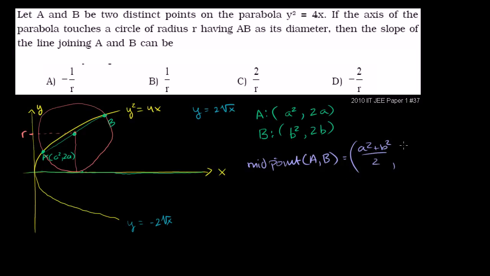This will be 2a plus 2b, all of that over 2. Of course, the 2's cancel out, and so this is going to be a plus b. That is the y value of the midpoint. So this point right over here is going to be (a squared plus b squared over 2, a plus b).